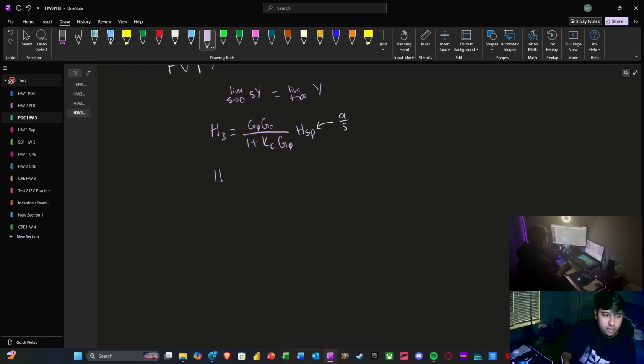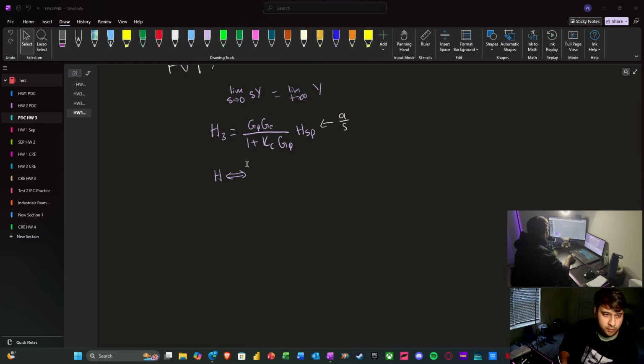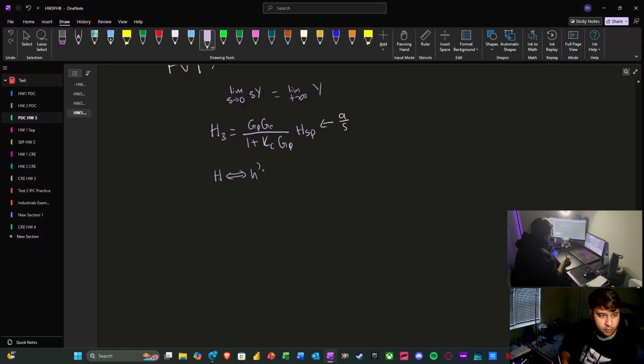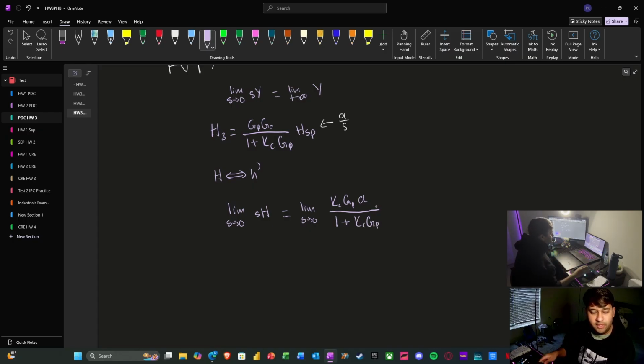If we recall from part A our deviation variables, this will be H prime. So we'll see that the limit as s approaches 0 of s times H equals the limit as s approaches 0 of Kc times GP times alpha over 1 plus Kc times GP.